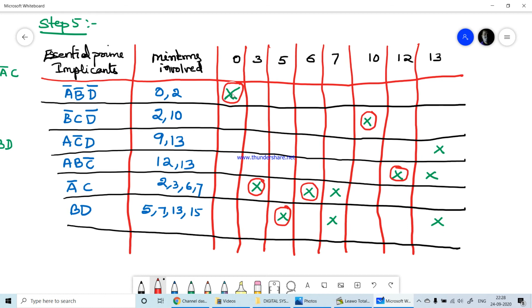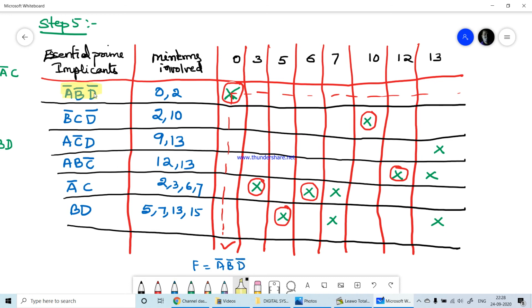Now coming to the first cross, I'll go horizontal and vertical. It has not missed any crosses, therefore I will take only this. So in the expression, I get F equals A bar, B bar, D bar, because of that single cross.